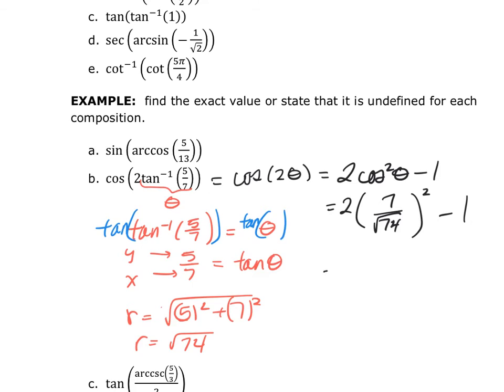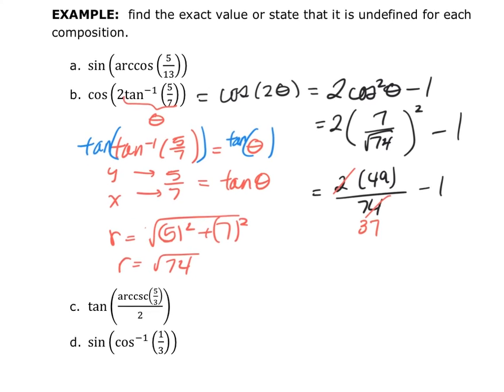So that means that this is equal to 2 times 49 over 74 minus 1. The 2 and the 74 reduce to 37. So then I have 49 over 37 minus 1.